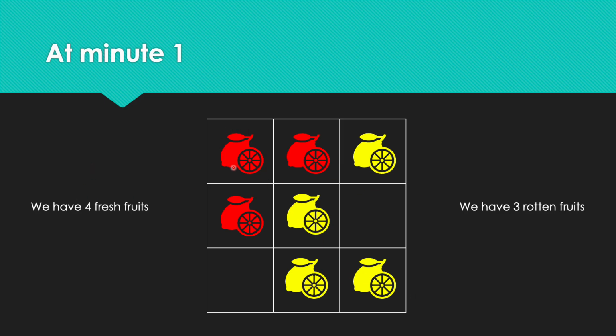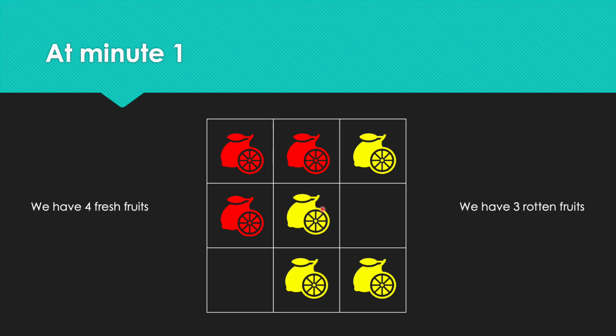Now this rotten lemon at index 00 has rotten the other 2 lemons. Now we have this lemon. This can go 4-directionally and rot fresh fruits. So what's the 4 direction? It will go up, but that's not a valid index, so no rotting there. It can go left, but that's already rotten.